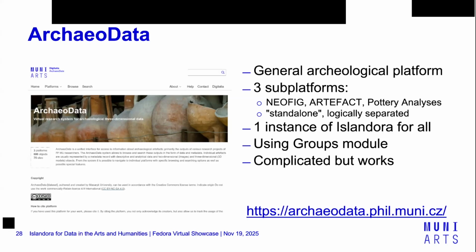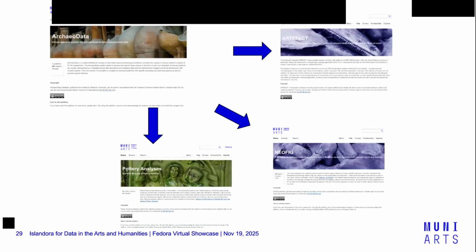So this is an example of a general platform and three sub-platforms of archaeological data. We have found this a bit complicated. It works, but we will not probably go this way in the future. This is just an example of how it looks like. The general platform Archaeodata somehow aggregates everything that is stored in sub-platforms.